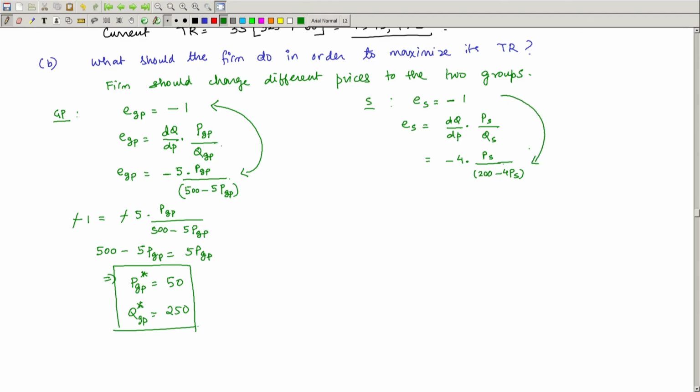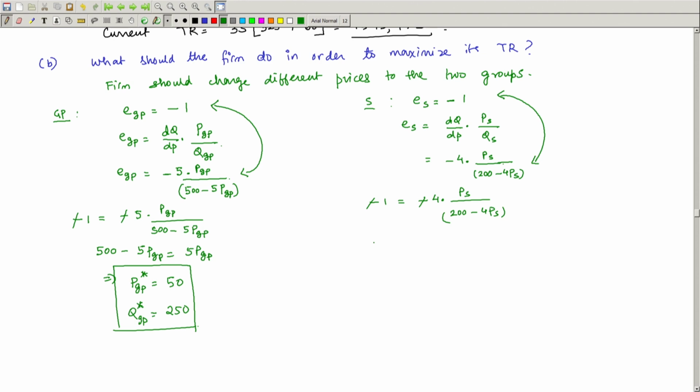Again, to maximize revenue, I need to equate the two things, because I want the price P to be at a level where the price elasticity of demand is exactly equal to -1. So, I want to set -1 equal to -4 times P_S divided by 200 minus 4 P_S.